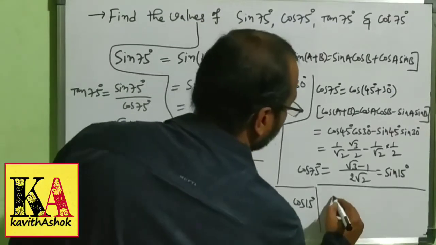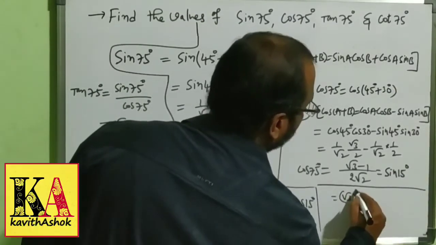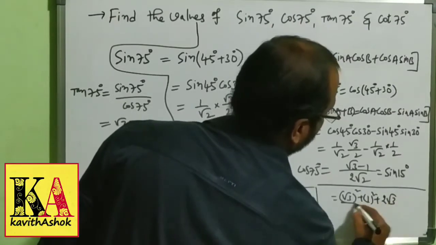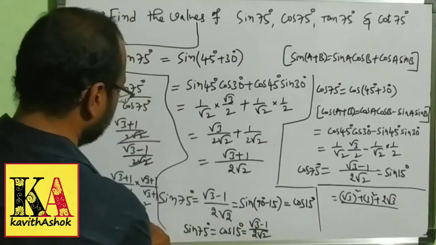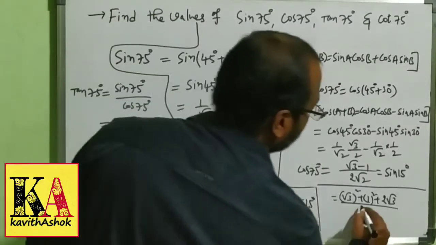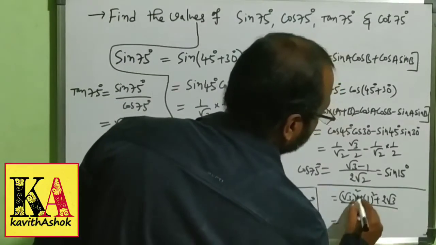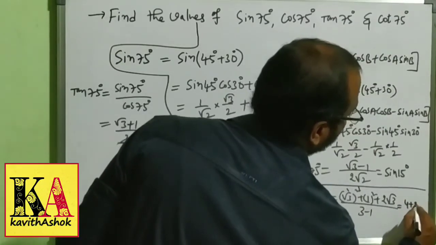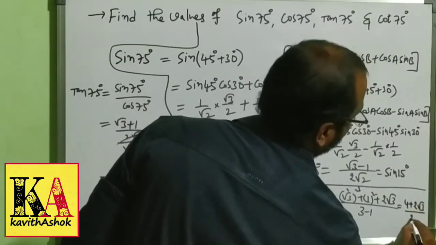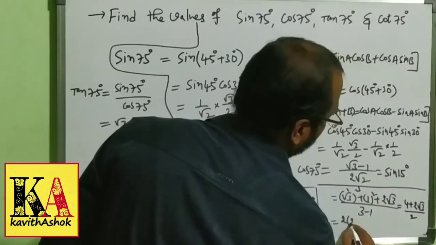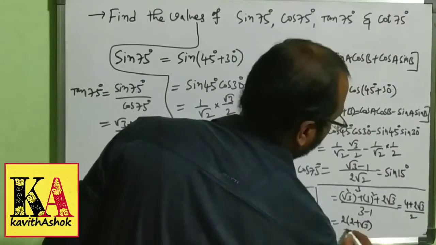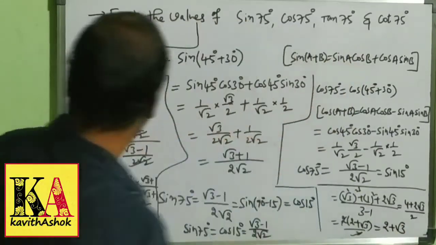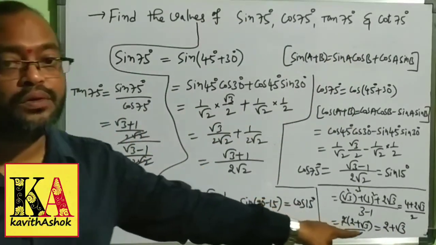A plus B whole square formula: A square plus B square plus 2AB by A square minus B square. Square root cancels here, 3 minus 1. So 3 plus 1, 4 plus 2 root 3 by 2. 2 common in the numerator: 2 plus root 3 by 2. 2 cancels. This will be 2 plus root 3. So tan 75 degrees is equal to 2 plus root 3.